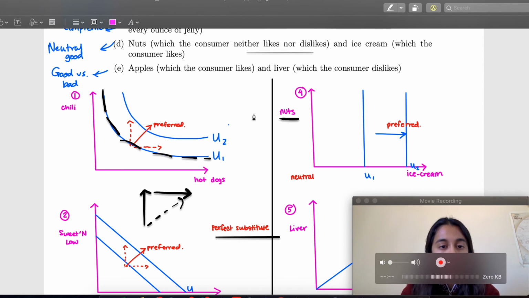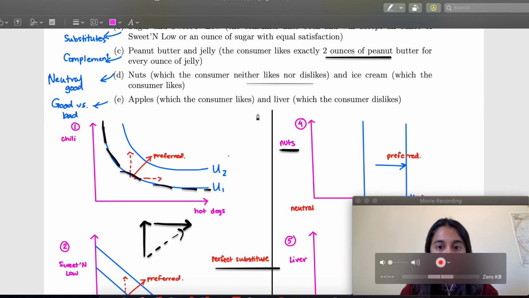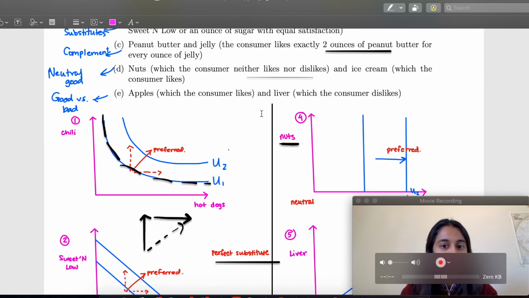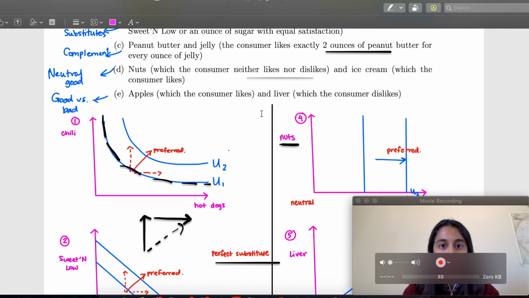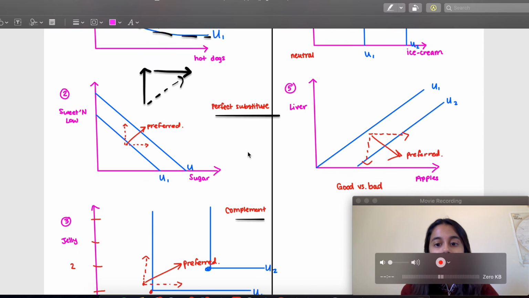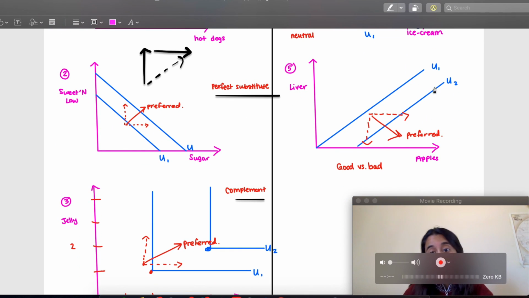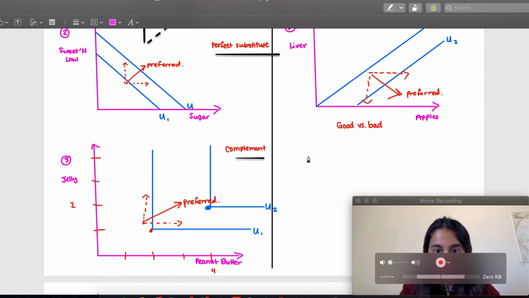Finally, we have apple and liver. Liver the consumer doesn't like, and the apple the consumer likes. Here we have a good good and a bad good. So liver is our bad good, and apple is our good good. We want more apples and less liver. So here is what our graph would look like. I put my liver on the y-axis and apples on the x-axis, and to find out what's preferred, think of it this way again.